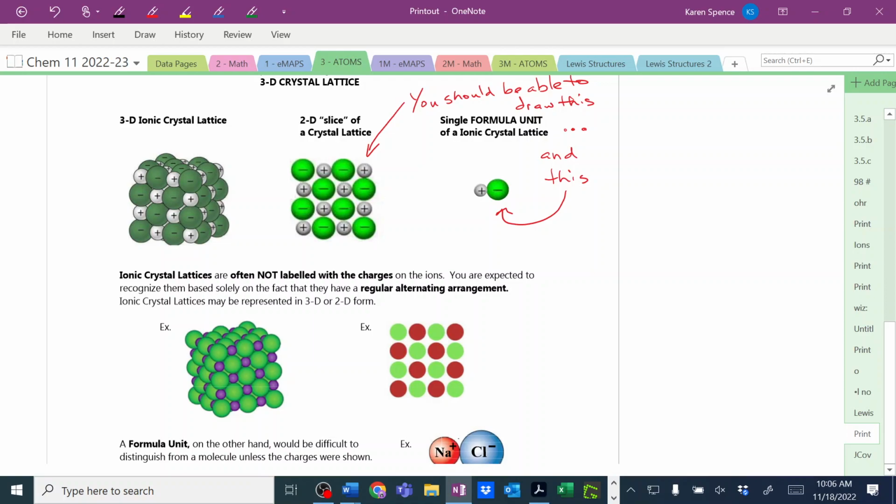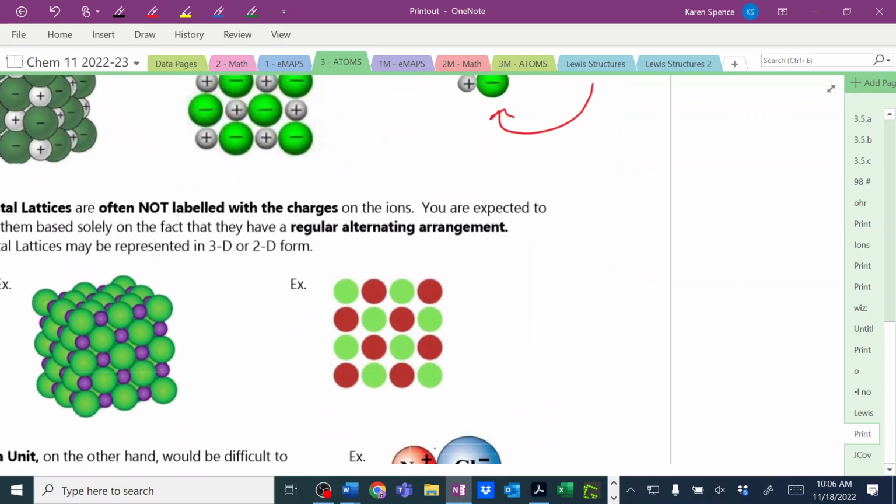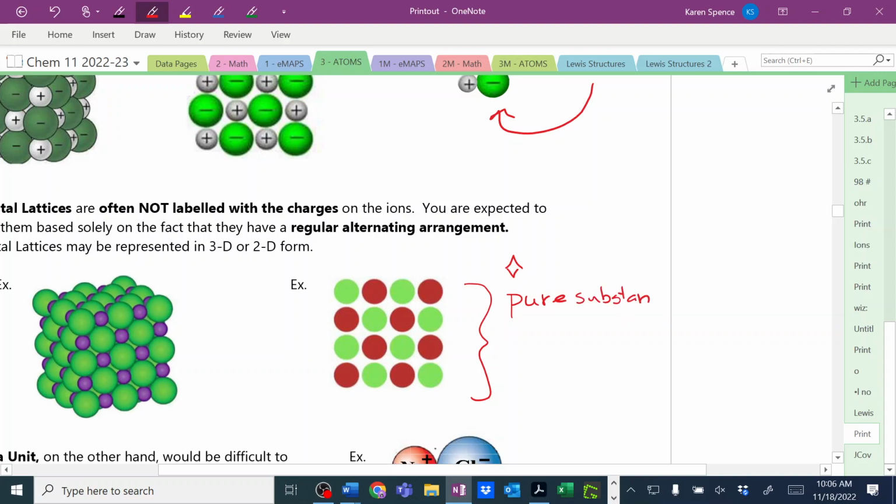This little next bit, this is usually more for my grade 11s. I expect my grade 11s to be able to recognize that if you have this alternating pattern, even if it's not labeled plus minus, plus minus, you should be able to recognize that this is a pure substance, not a mixture. I'm going to double diamond this one.